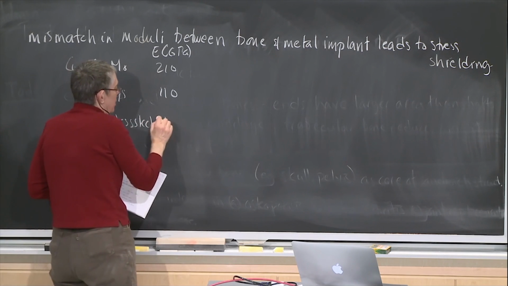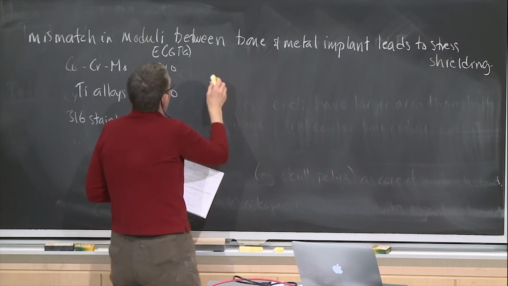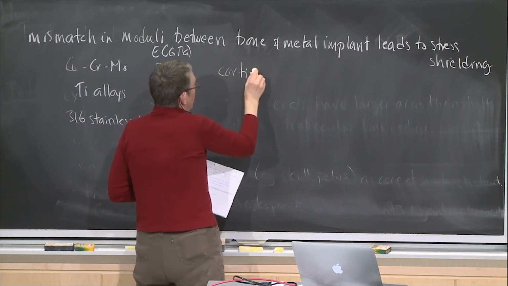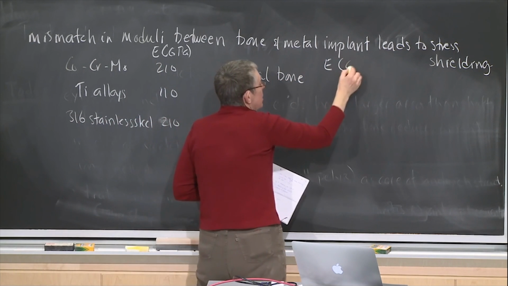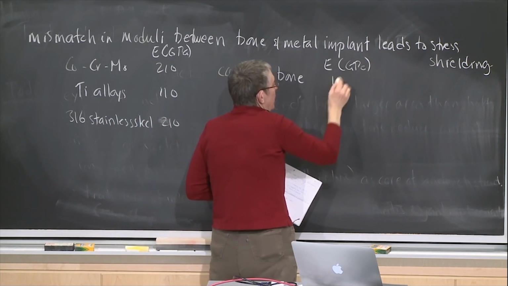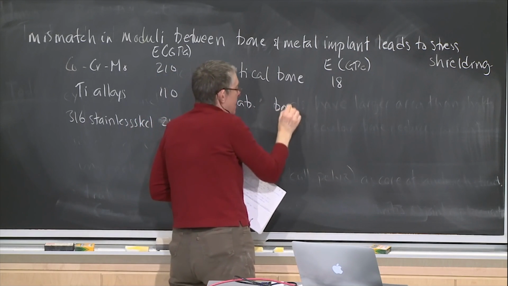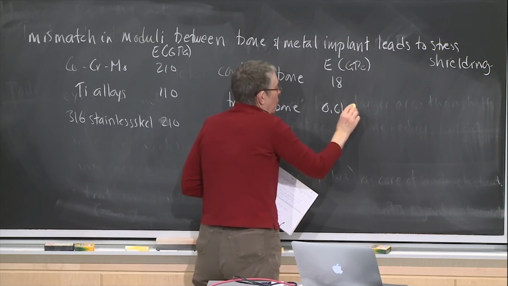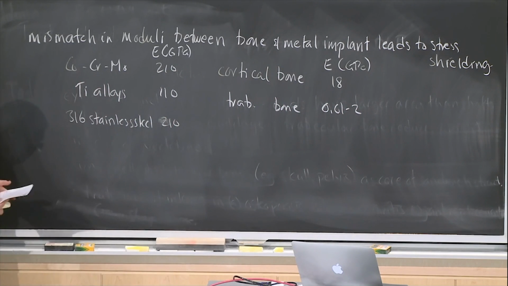It has a modulus of around 210. And then if we look at the bone, the cortical bone has a modulus of about 18, and the trabecular bone has a modulus of 0.01 to 2 gigapascals, depending on the density.